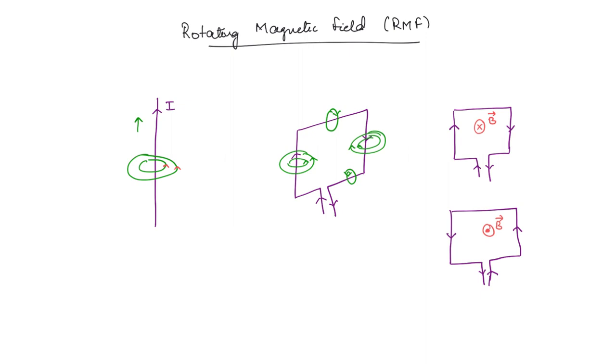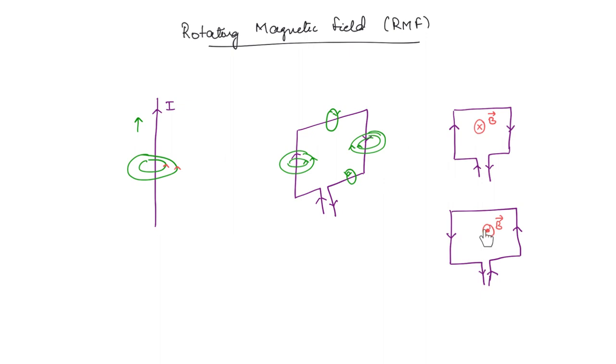How you can verify is, you take your right hand, just as in the case of the straight conductor, and you wrap your fingers in a direction such that the thumb is pointing in the direction of the magnetic field in this case. Here we pointed the thumb in the direction of current; here we are pointing the thumb in the direction of magnetic field. In that case you will see that your fingers will wrap around in a clockwise sense.